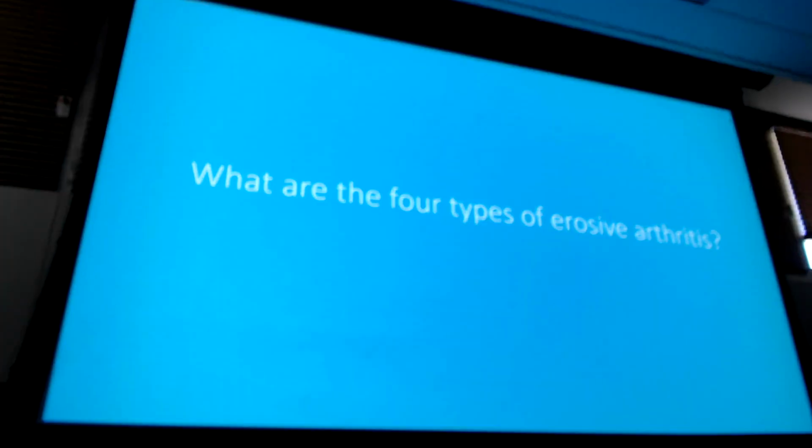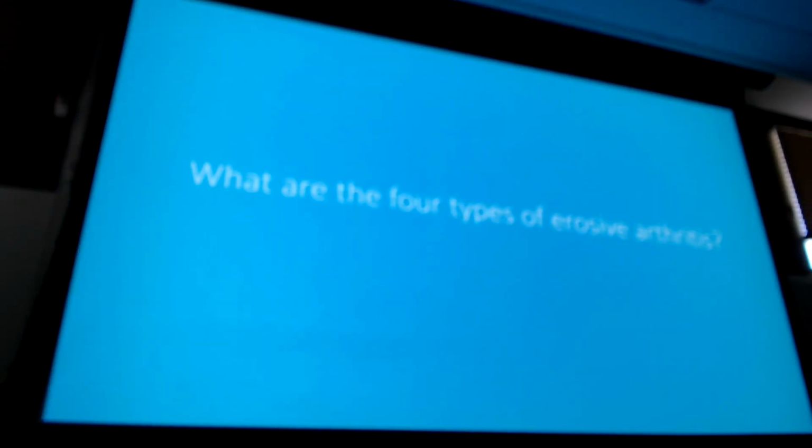All right. Do we remember our 4 types of erosive arthritis? Rheumatoid, gout, psoriatic, ankylosing spondylitis. Good. At least look at it a little bit.